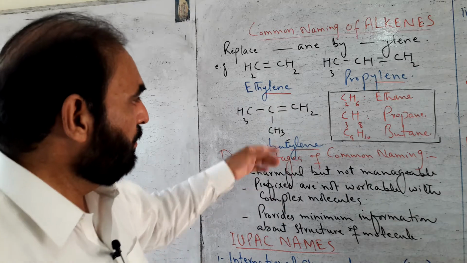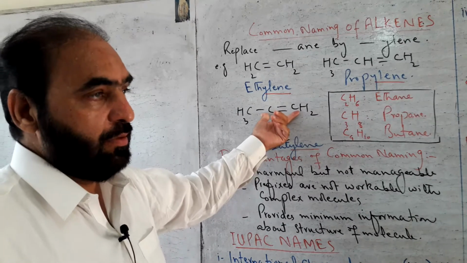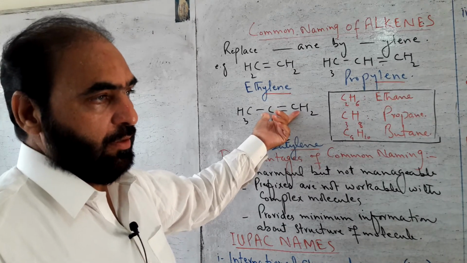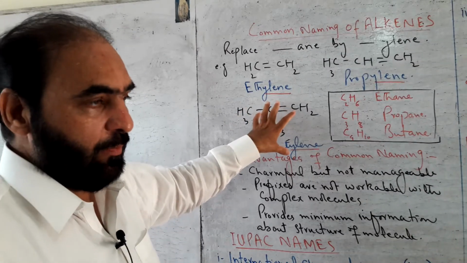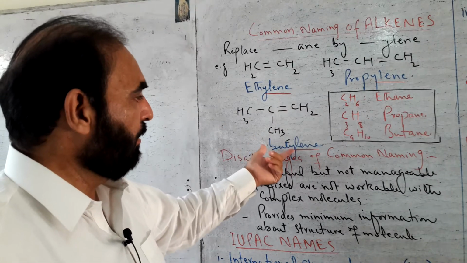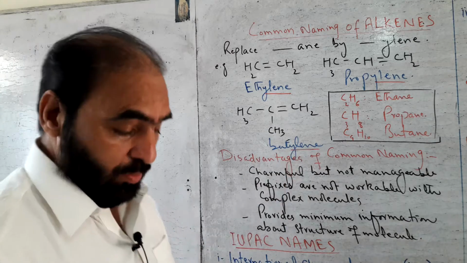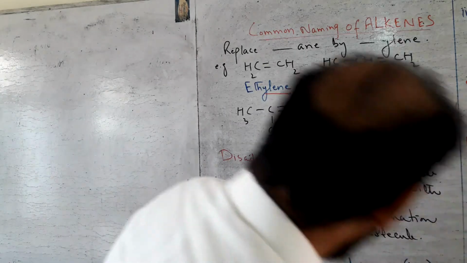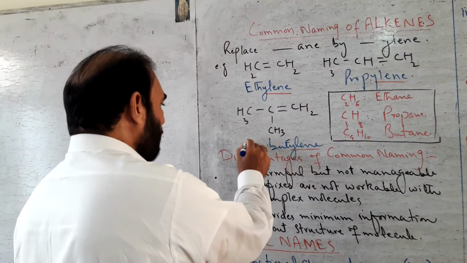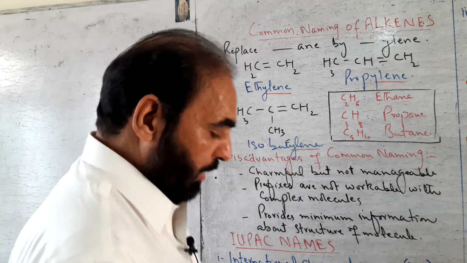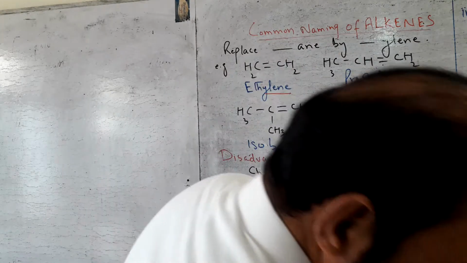In the presence of double bond, it belongs to alkene family with common name isobutylene. Isobutylene, because alkane is in branch form.